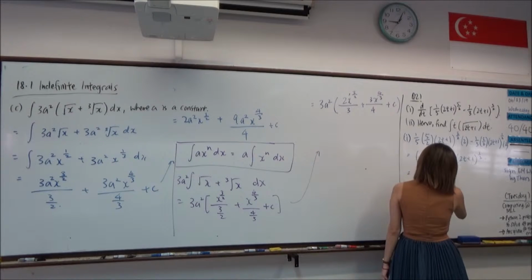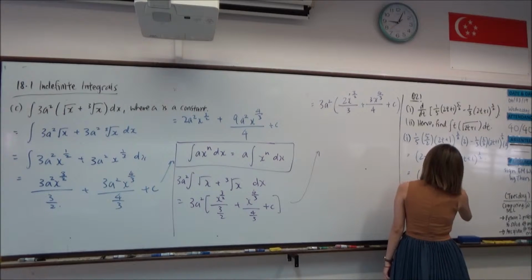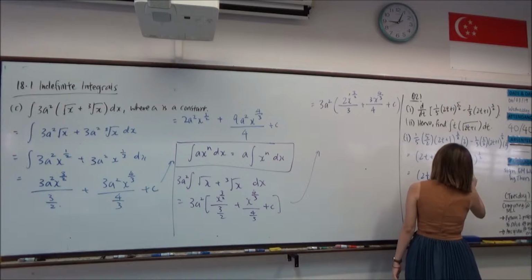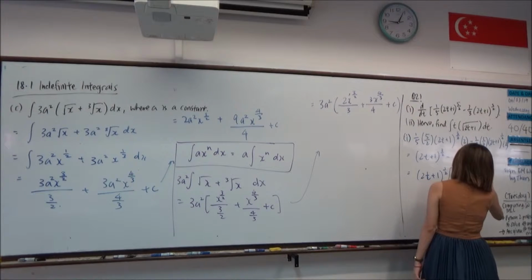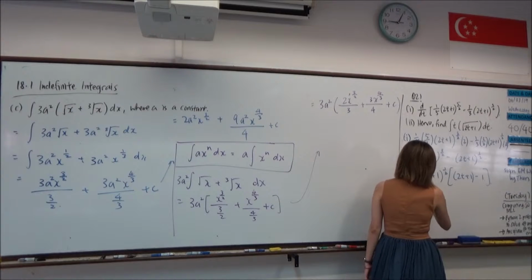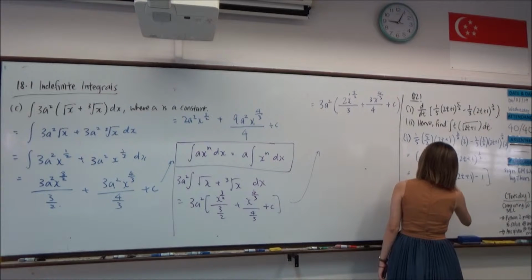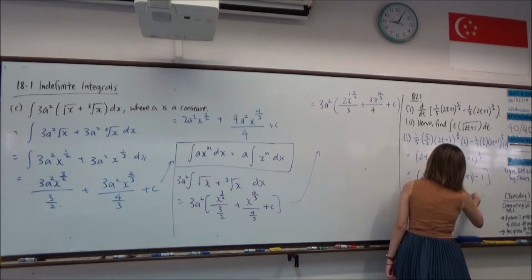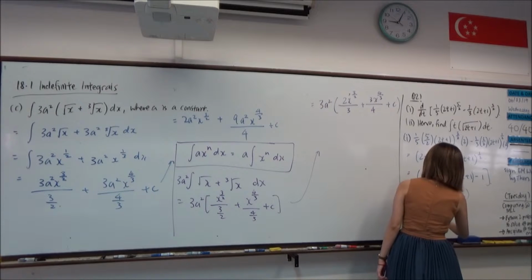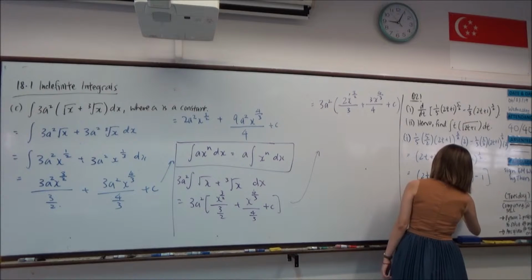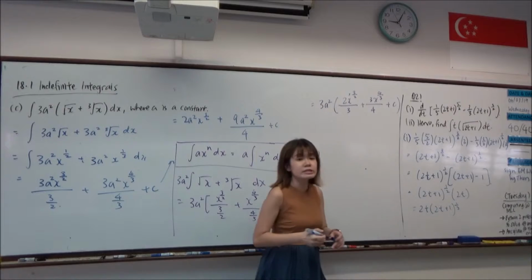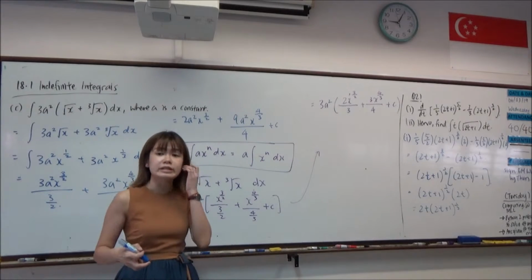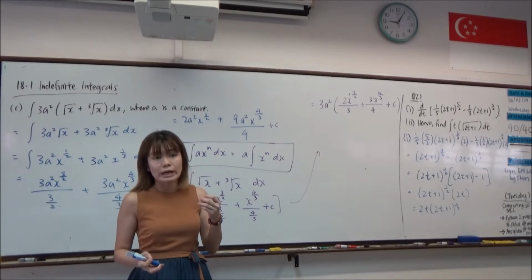In this case, it will be more helpful if you factorize out 2t plus 1 to the power of half. Then you will be able to see that it is equal to 2t times square root of 2t plus 1.